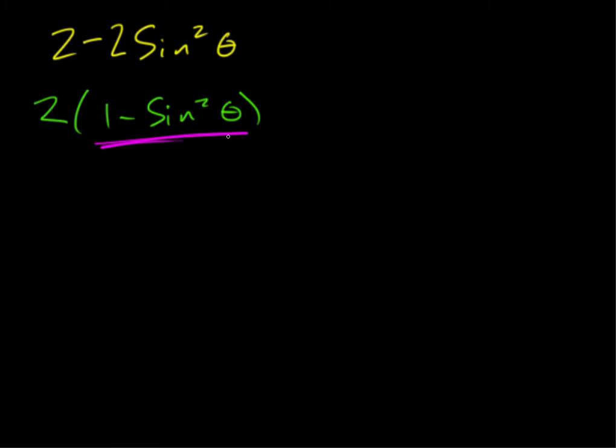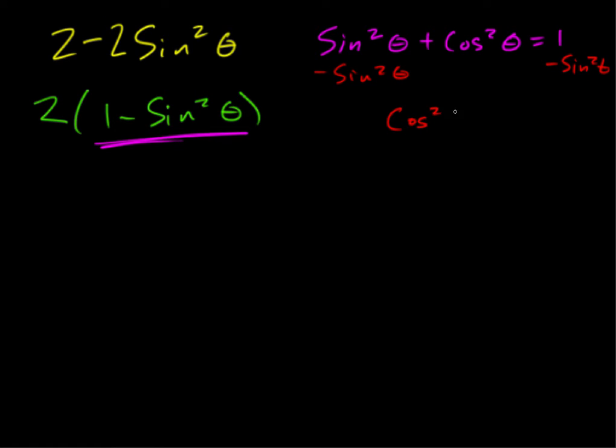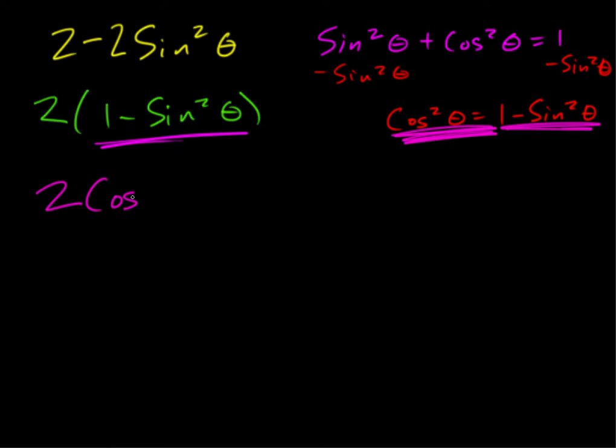Well, we have something called the Pythagorean identity, so it's sine squared theta plus cosine squared theta is equal to 1. And if we do just a little bit of algebra on this, if I subtract sine squared theta, we can see that cosine squared theta is equal to 1 minus sine squared theta. So I'm going to replace this with that. We get 2 cosine squared theta.